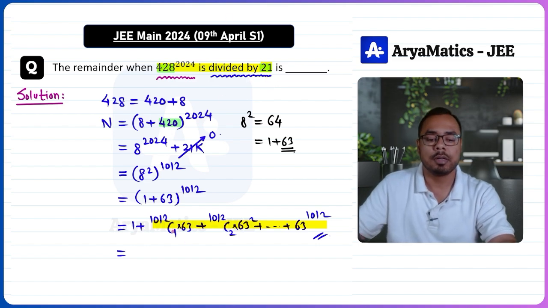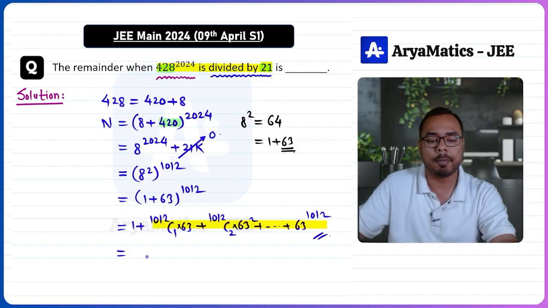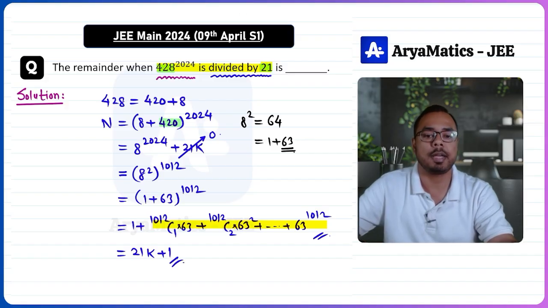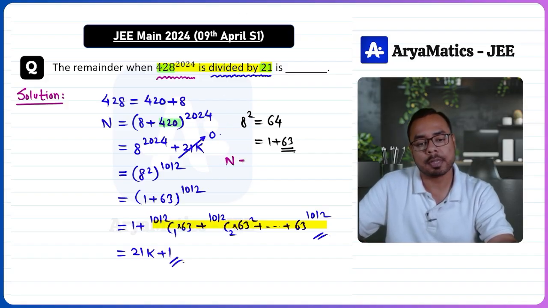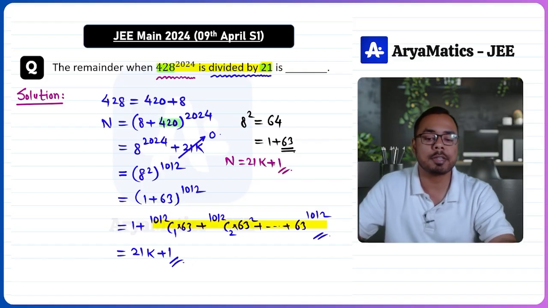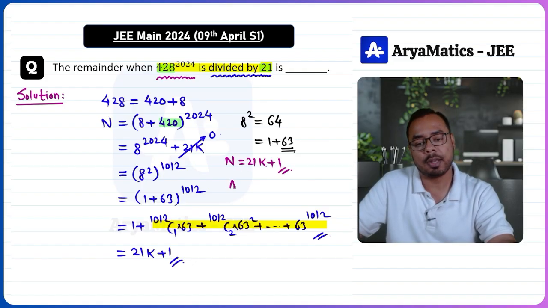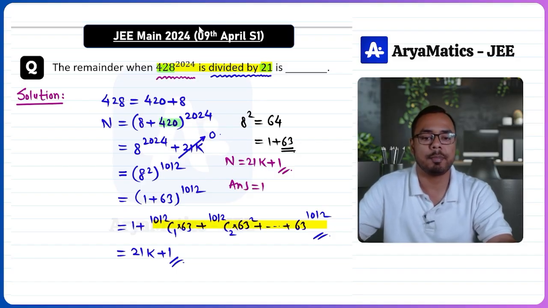So we can combine all of these and say that it is some multiple of 63 and hence a multiple of 21. Therefore this number n will be of the form multiple of 21 plus 1, right? And if I divide this number by 21, clearly the remainder will be 1. So that is the correct answer for this problem.